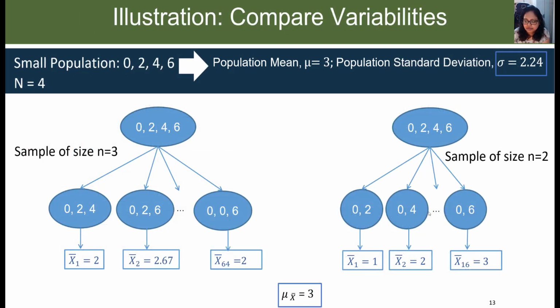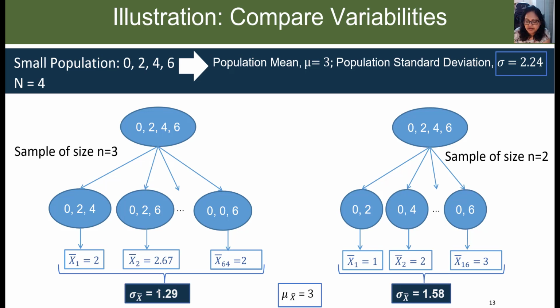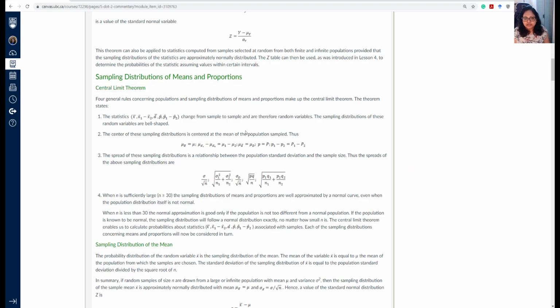If we increase the sample size every time, instead of taking 2, and take a larger sample size, then the variability will be less. If we have a sample size of 30 or more, then you will see that the distribution will be normal. So that's what I would like to talk to you about here.